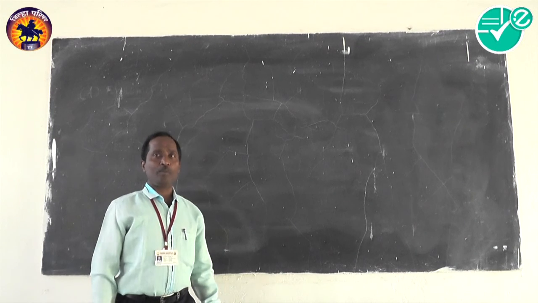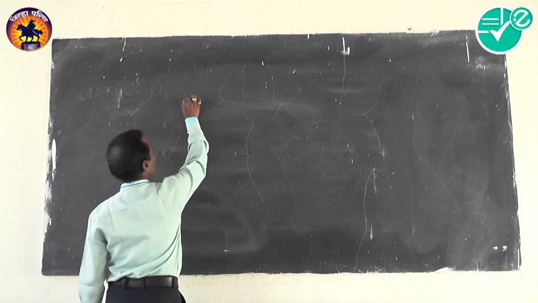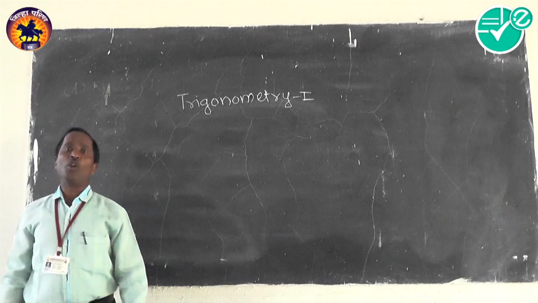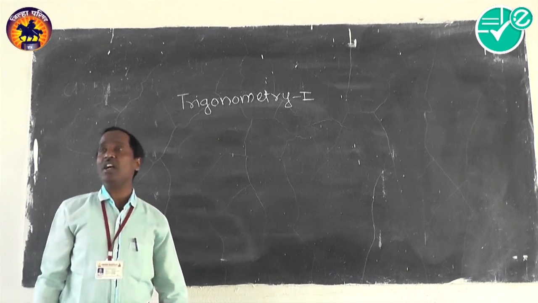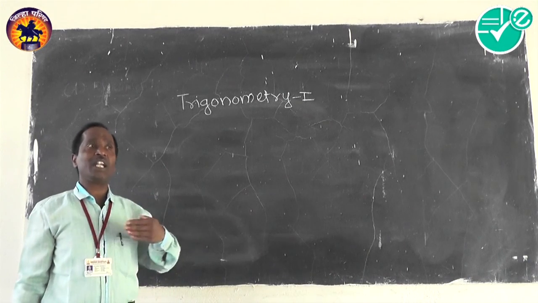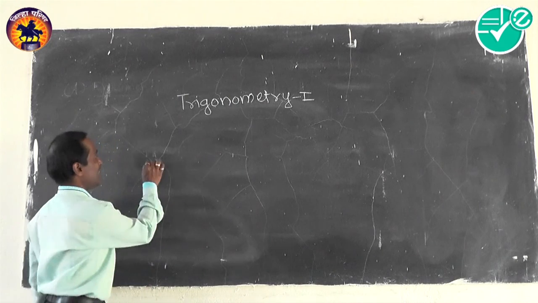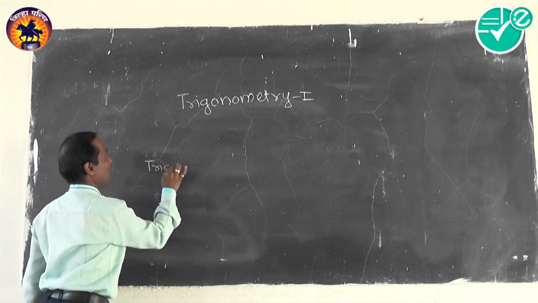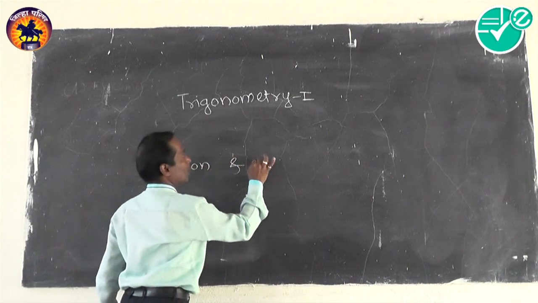The second topic of mathematics first paper, trigonometry first. The word trigonometry originated from two Greek words, trigonon and metron.